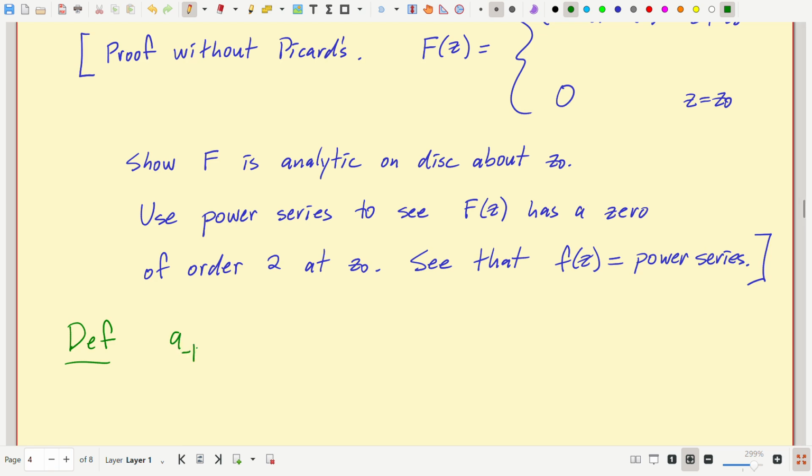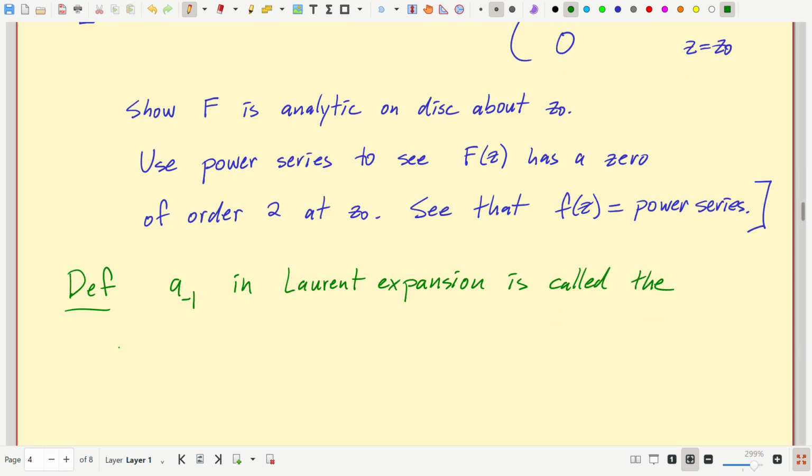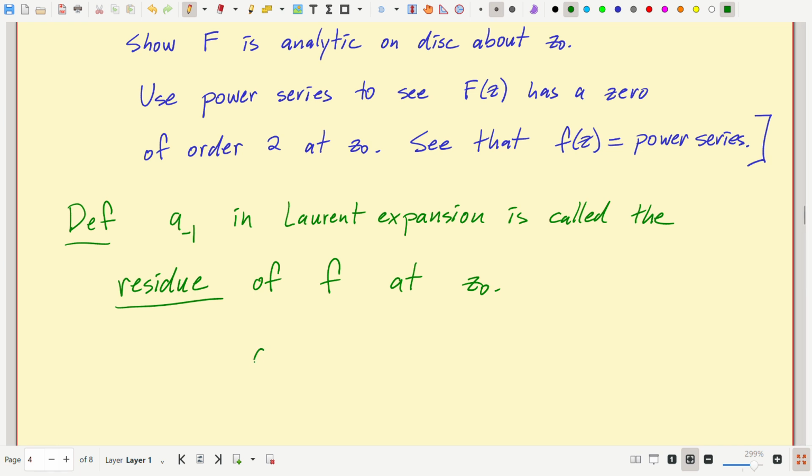A minus 1 in the Laurent expansion is called the residue of f at z naught. And we'll write a minus 1 equals the residue at z naught of f.